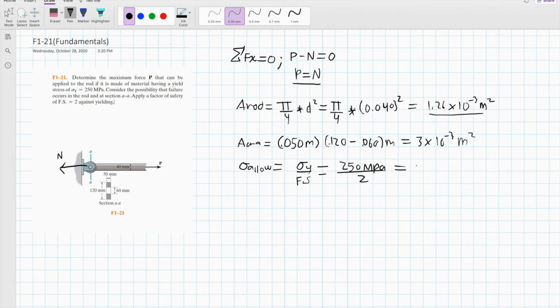And we get 125 megapascals. We can see that the rod will fail first.